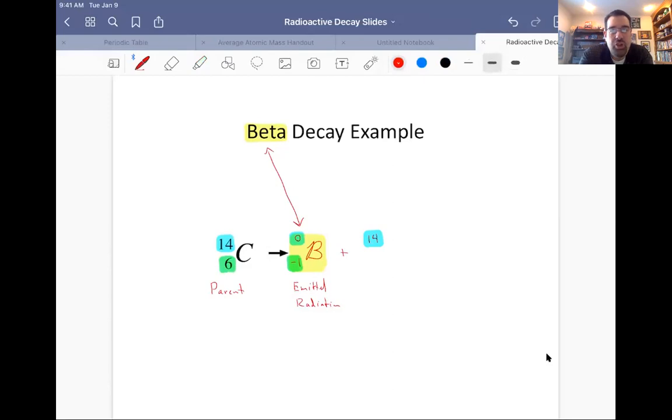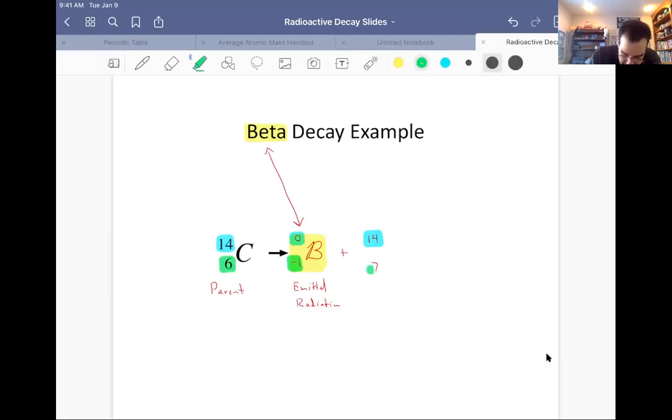A neutron turns into a proton. So we had 6 protons, and that's going to leave us with 7 protons.